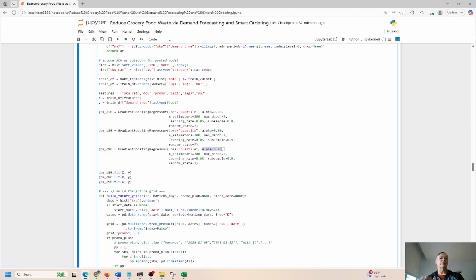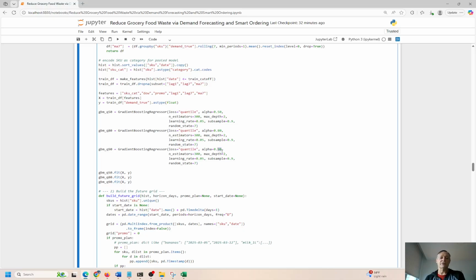Basically the way to interpret this is that at 0.50, this is the most likely outcome, and it can deviate a little bit more, a little bit less. When we look at alpha 0.8, it's going to be a higher number, and most of the time the number of sales that we see is going to be under this 0.8, right? So the number is going to be a little higher. I'm also looking at alpha 0.9, so this boosts the sales number even higher, right?